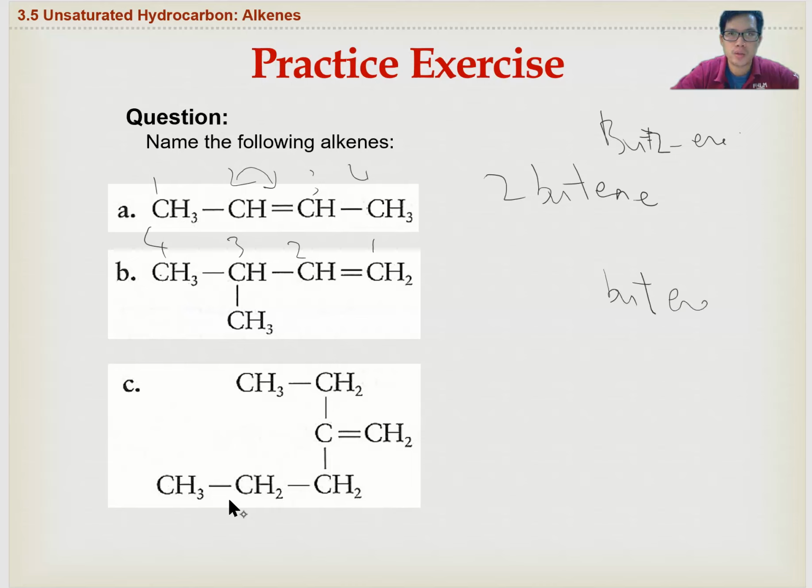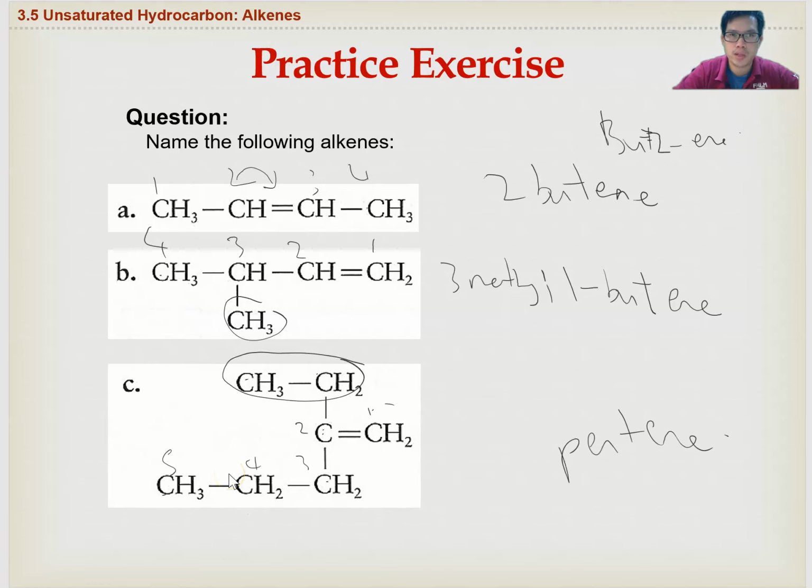This one, looking at carbon number 3, is pentene. You need to include 5 carbons, so it is pentene. The ethyl group is at carbon number 2, so it's 2-ethyl-1-pentene. Okay, so this is the answer.